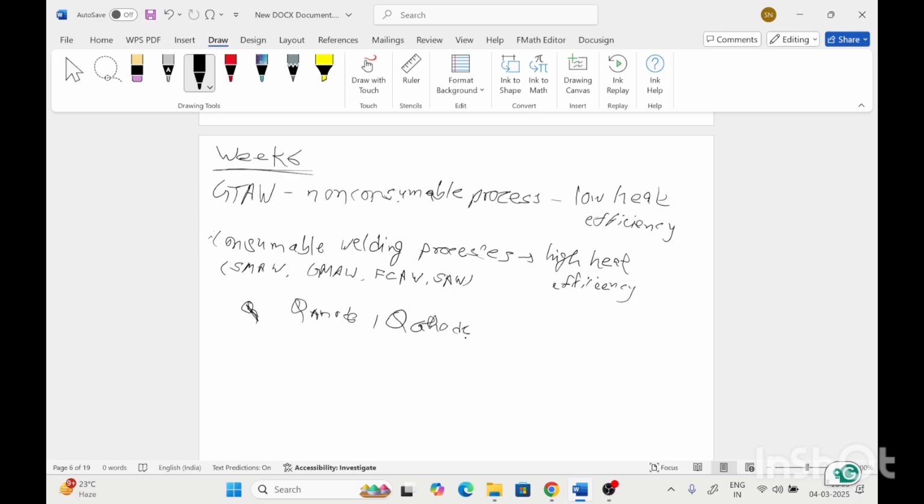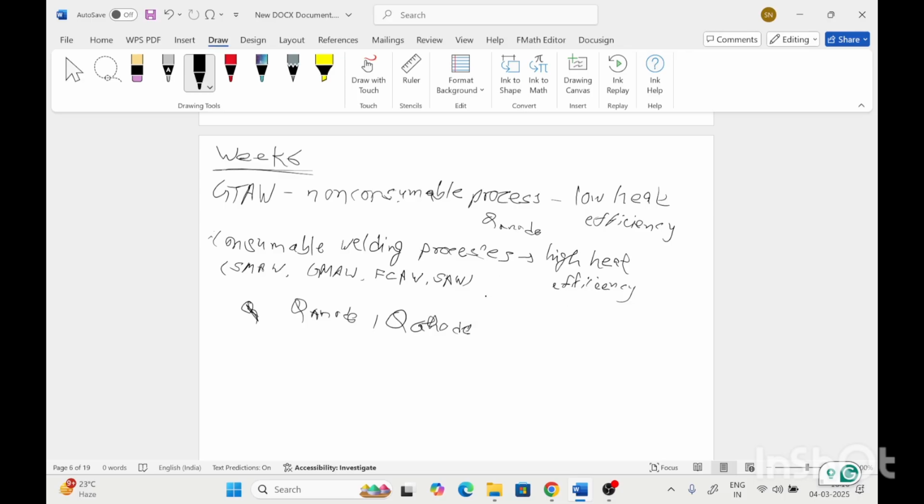For non-consumable gas tungsten arc welding, only Q anode is present, and Q cathode is absent because the cathode is non-consumable, so there is no heat at the anode contributed from the cathode.